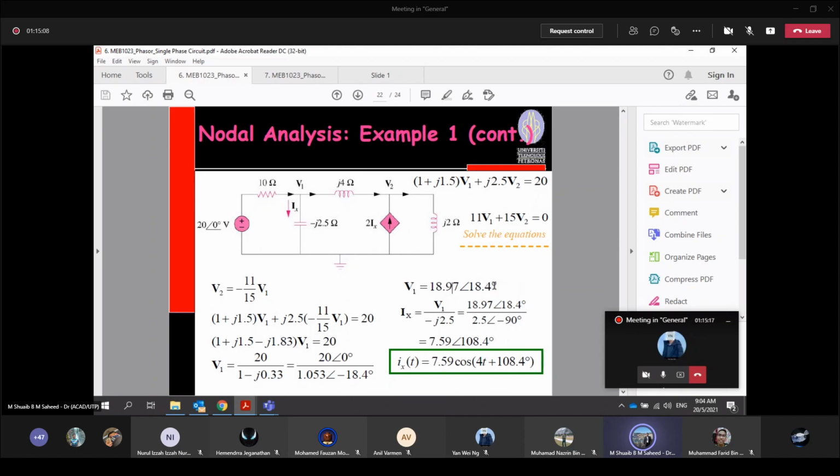For the angle, we need to check the phase difference. How much phase difference between the voltage and the current? In that case, what will be the phase difference between the V1 and the IX? Anyone?